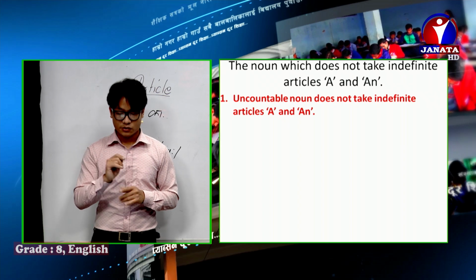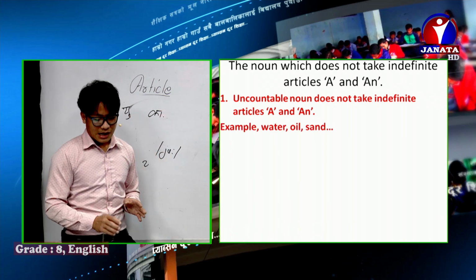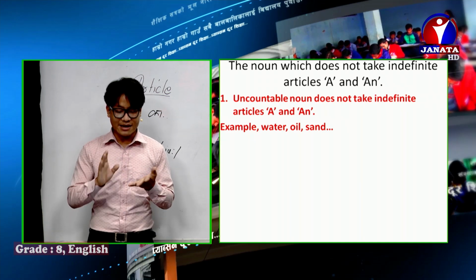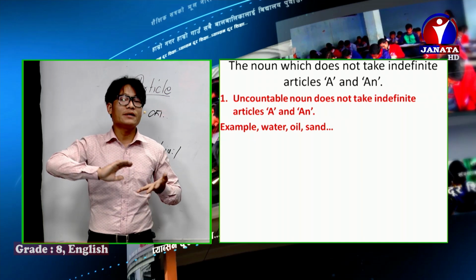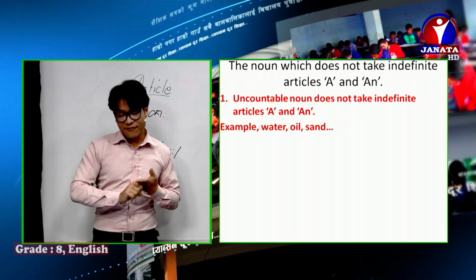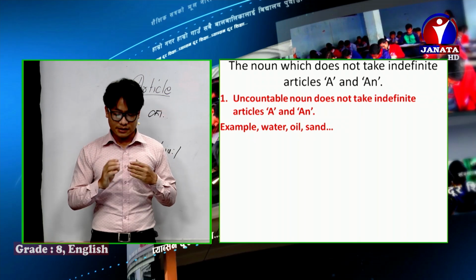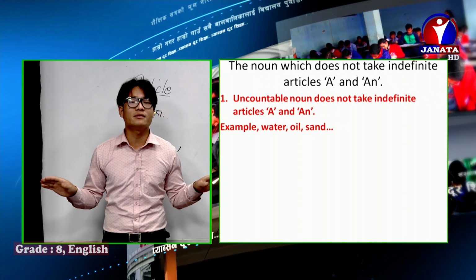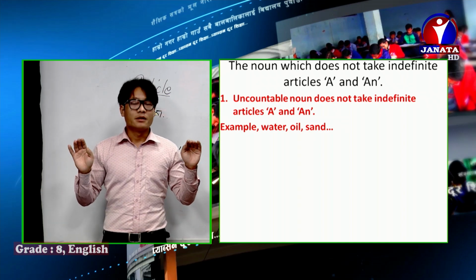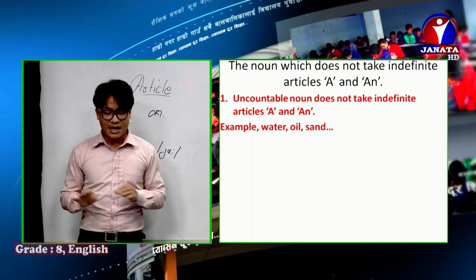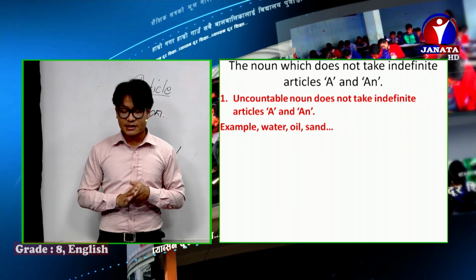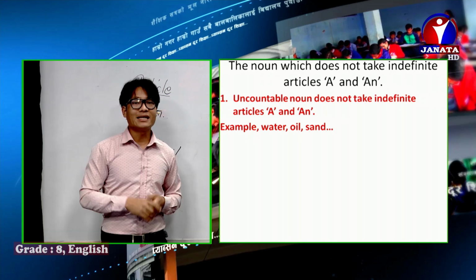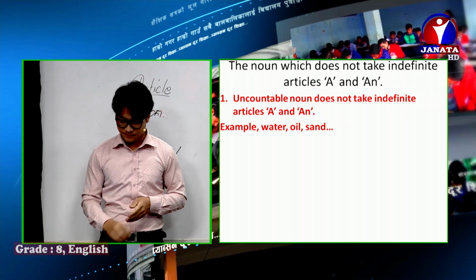So what are uncountable nouns? Those nouns which cannot be counted, which cannot be separated, which cannot be formed into plural, these are uncountable nouns. All uncountable nouns do not take indefinite articles. Like water, wealth, sand, these are uncountable nouns.